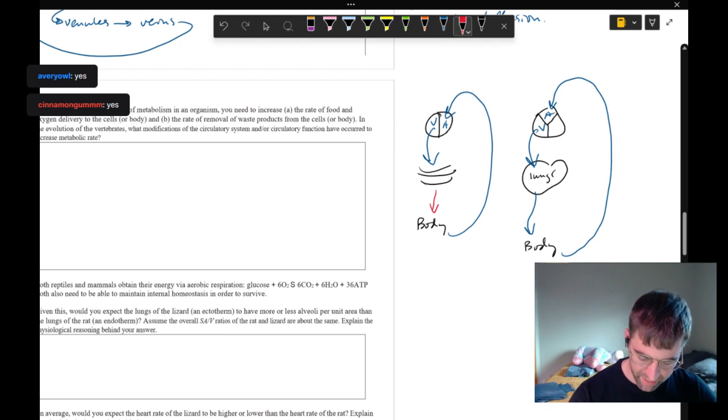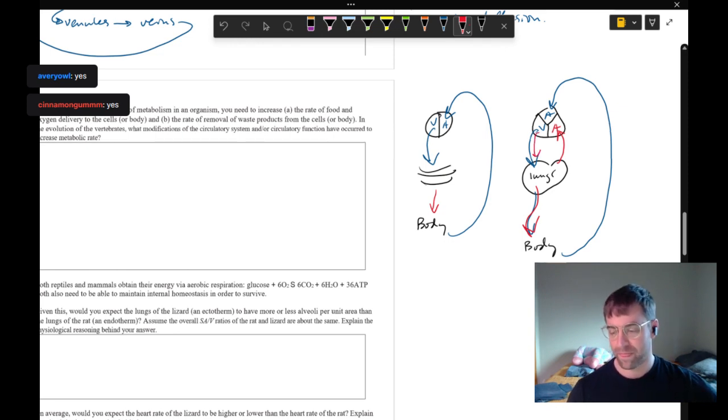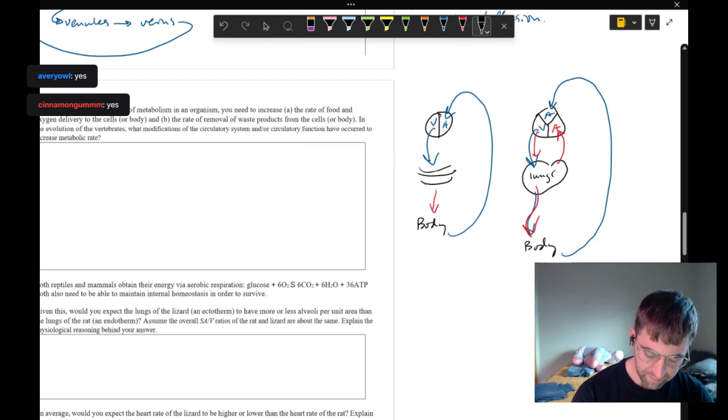But we also have another atrium directly from the lungs to the heart. And that is allowing some mixing, kind of like that previous example that we talked about. That's allowing some mixing of the deoxygenated with the oxygenated blood so that you have more oxygen getting to the rest of the circuit, right?